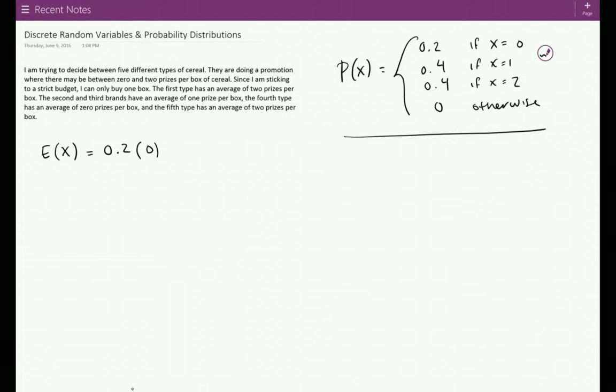In this case, 0.2 is our probability that we get 0 prizes. And we will go down here, continuing to sum these. And this will give us an expected value of 1.2.